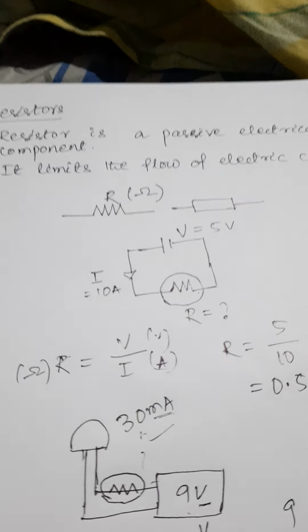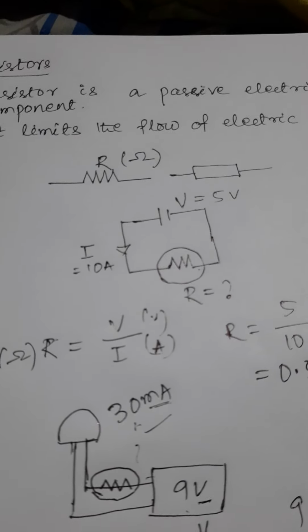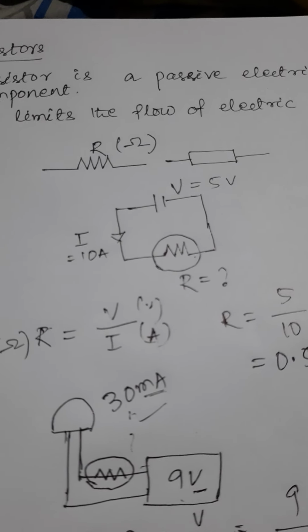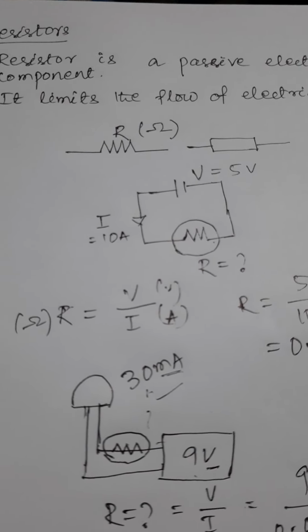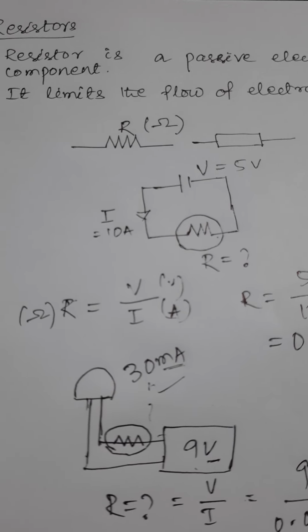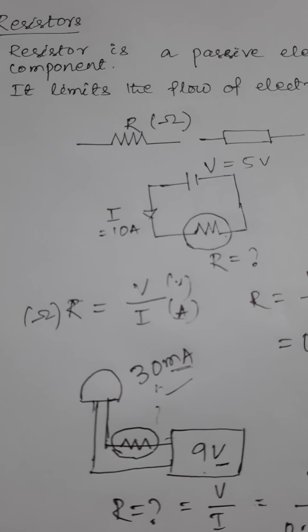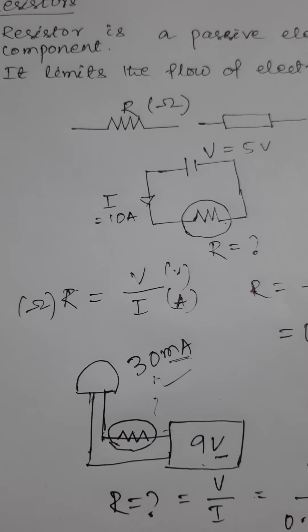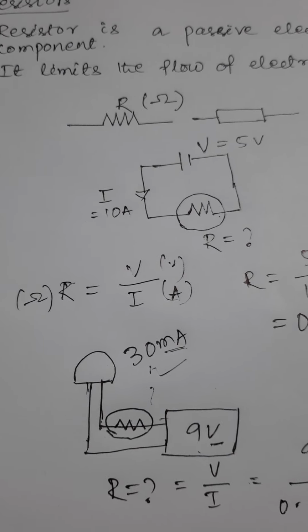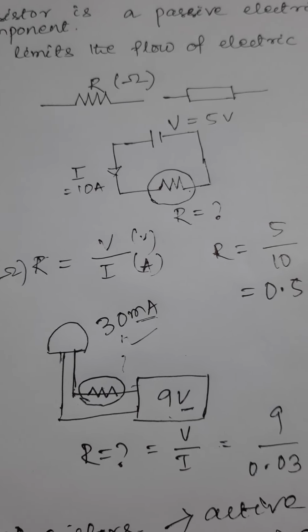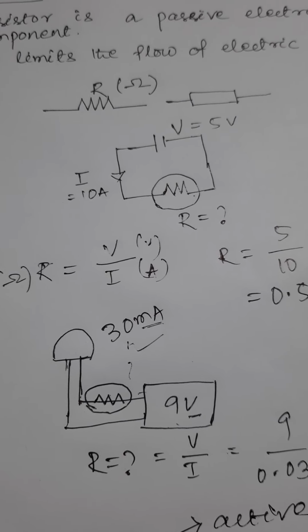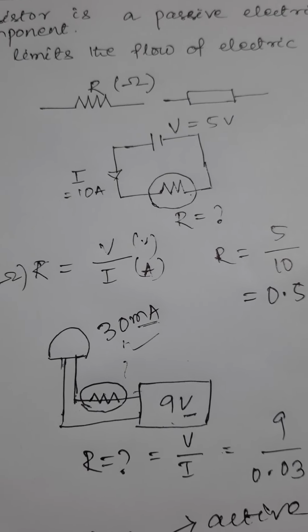What is the work of a resistor? It will limit the flow of the electric current in the circuit. A resistor is represented as R, the unit of resistor is ohm, and it is calculated following Ohm's law, which is V by I, that means voltage divided by current.